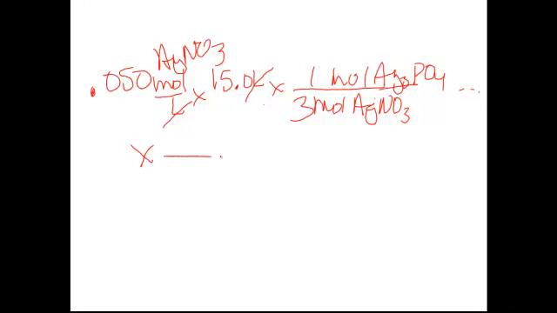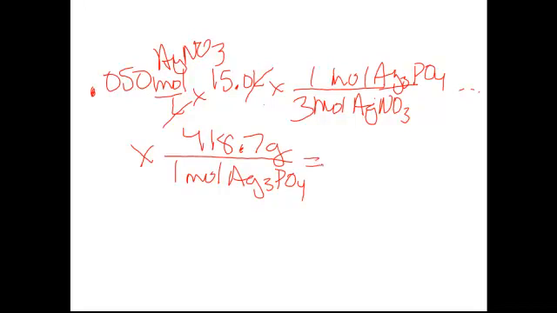So now I've got moles of silver phosphate, and now my last step, I'm going to continue down here, times 1 mole of silver phosphate is going to have a mass of 107.9, which is the molar mass of silver. I'm going to times that by 3, plus my 31, plus my 64 from the oxygens, equals 418.7 grams.